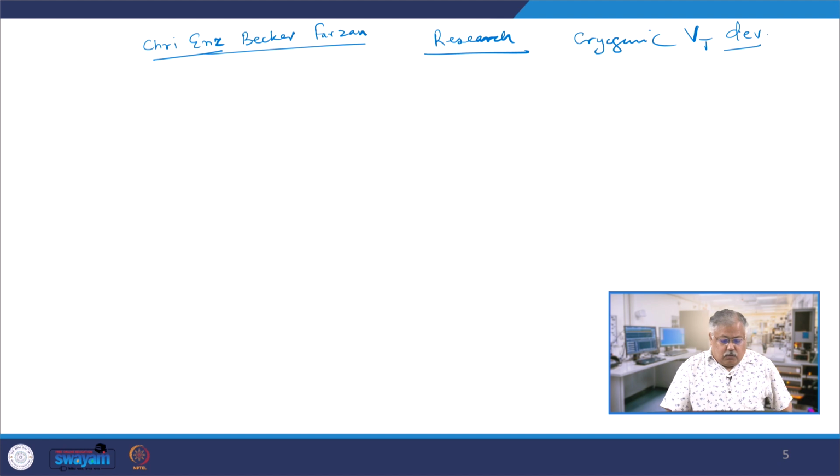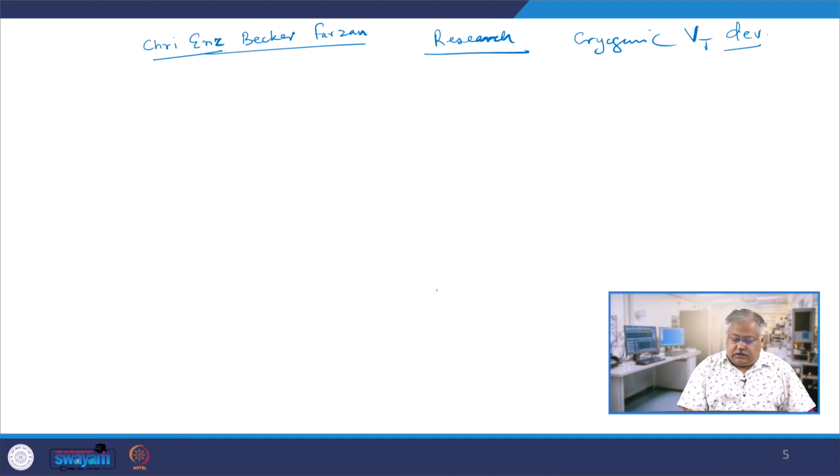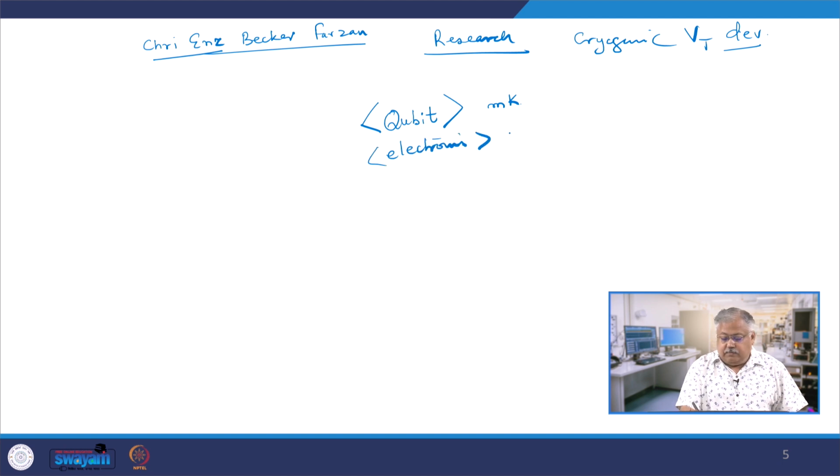Now, why is it important to study threshold voltage? I will just give 2 lines and then we can move forward. If you remember from the early lectures of this course, your qubits, which are responsible for doing all sorts of computation, are stored at millikelvin, and your underlying electronics are kept at some Kelvin, say 4.2 to 4.4 Kelvin.